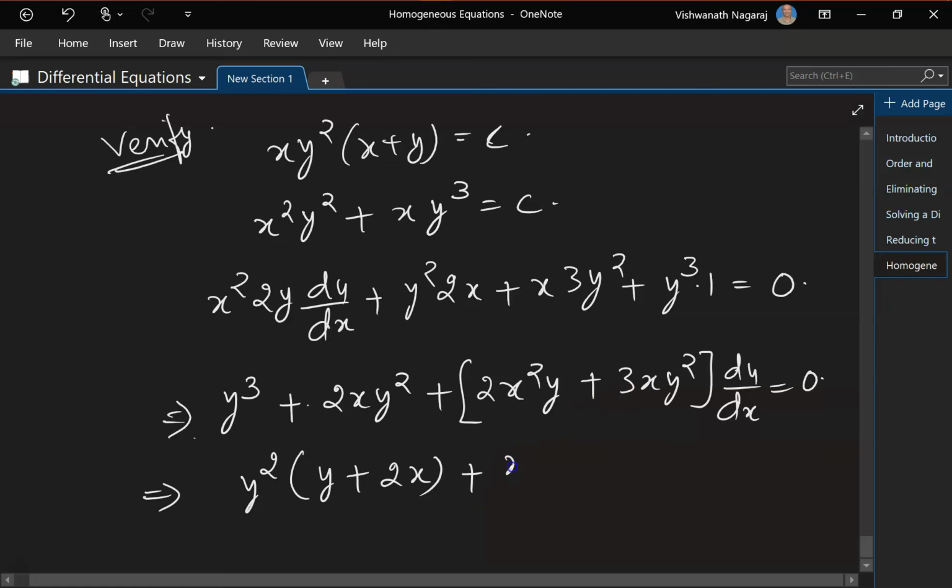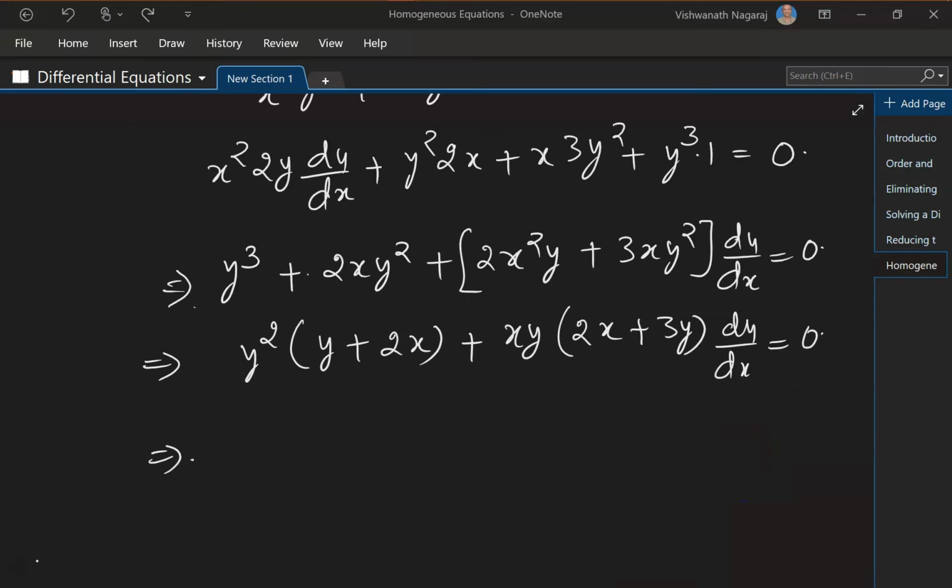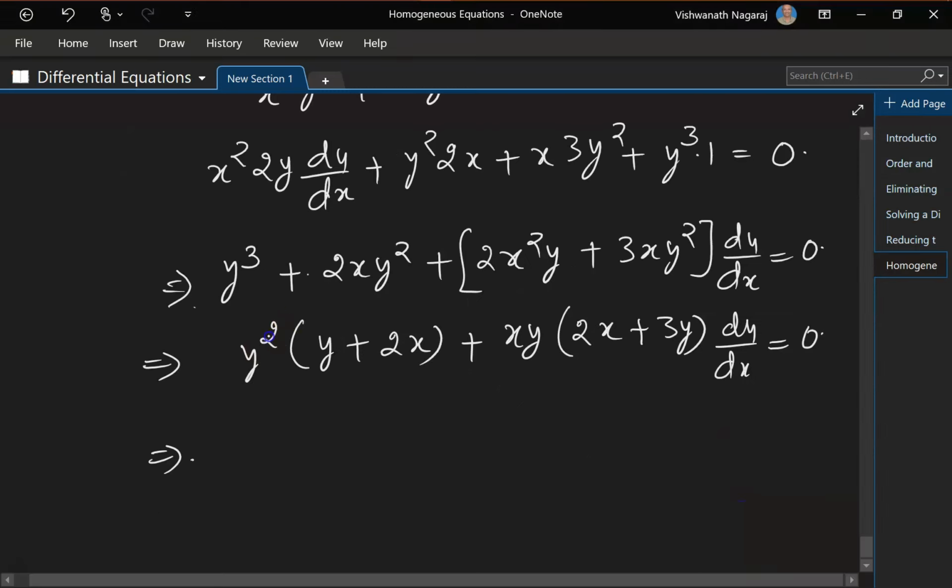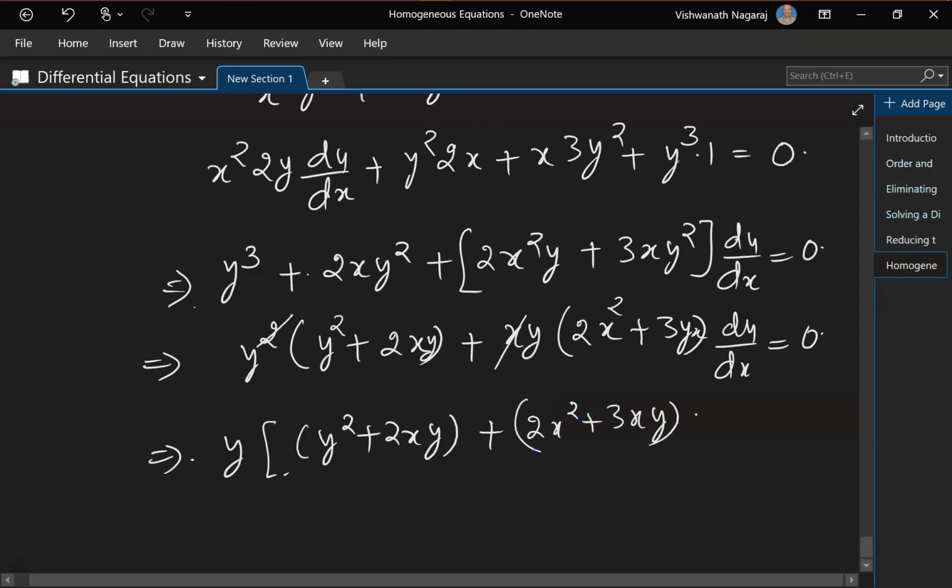So let's take xy common out. So 2x plus 3y dy by dx. Now just so that we can take again something in common, let's take out one of the y's and put it back, and let's take out x and put it back. Yes, so now we have y in common, so let's take out y. We end up with y square plus 2xy plus 2x square plus 3xy dy by dx equal to 0.